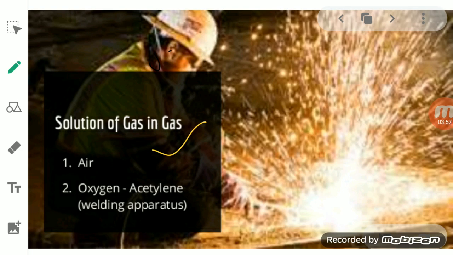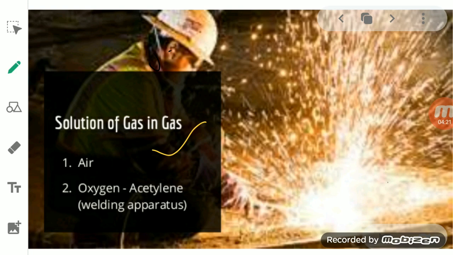All these things are present in the air. The percentage of nitrogen in air is more, so nitrogen is the solvent in the air, where all the other gases are the solute.